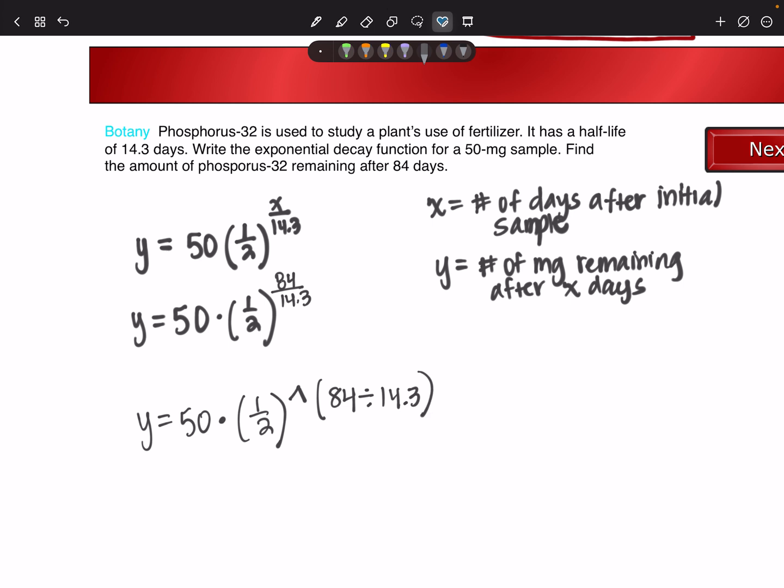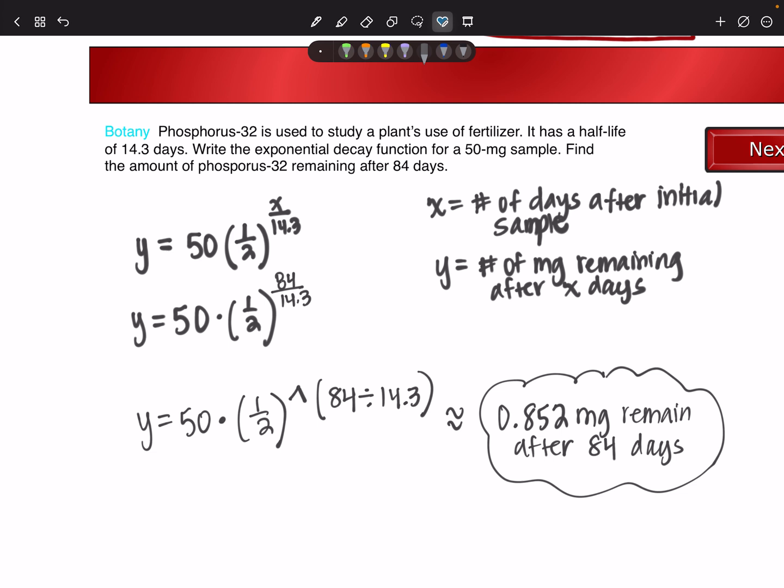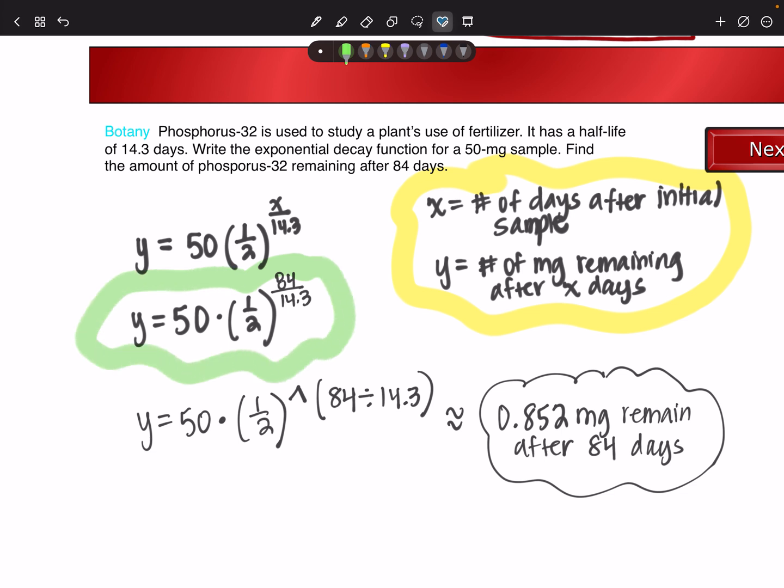When we put that into our calculator, we get approximately 0.852 milligrams remain after 84 days. Okay, so be sure that you are defining your variables. Be sure that you're writing the function.